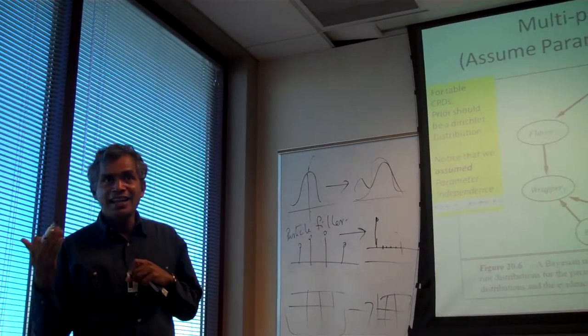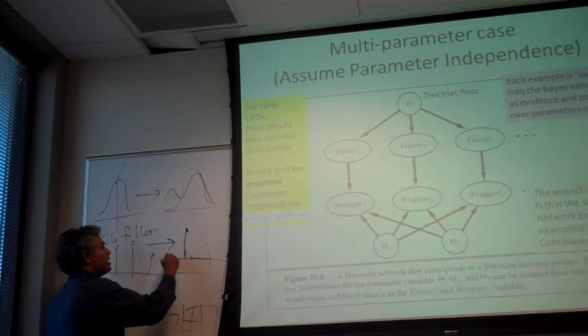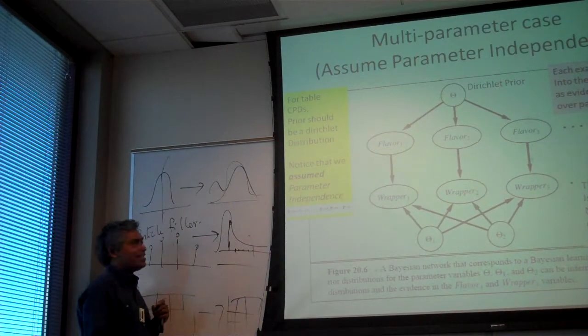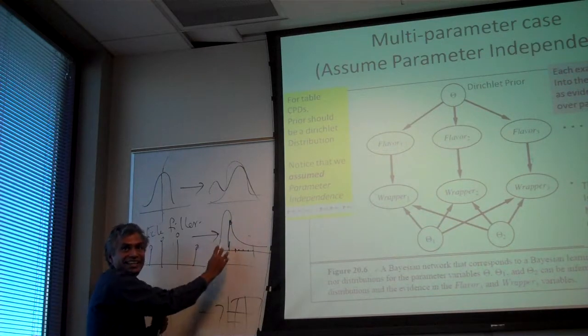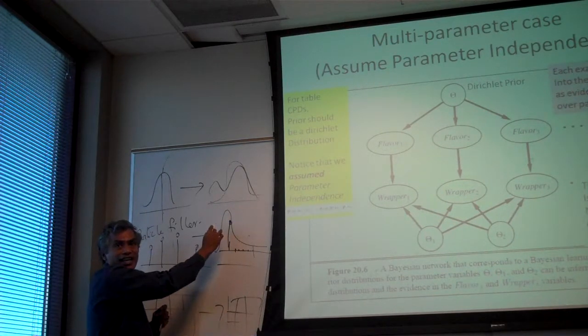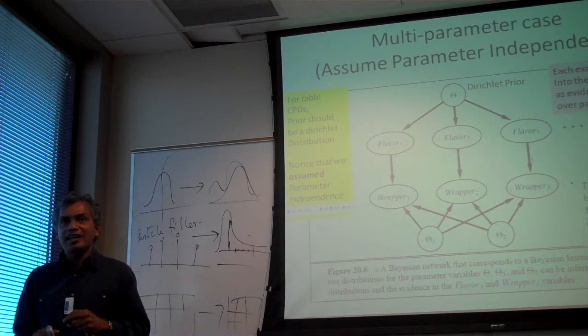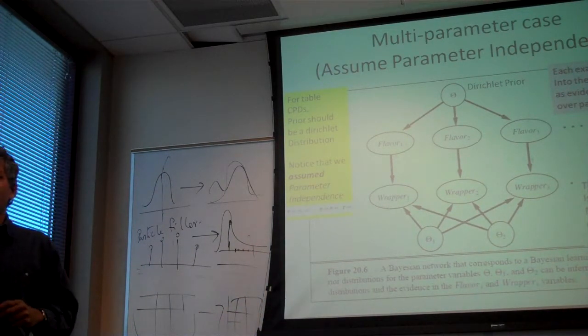But then the posterior might make the continuous distribution look more like this, in which case you only have one good sample taking care of this whole area. All the other samples are out of circulation because they're looking at the parts of the belief space which have close to zero probability.